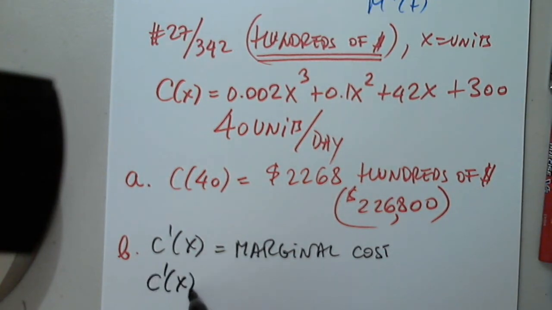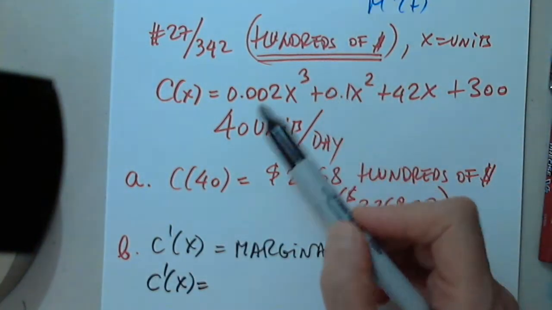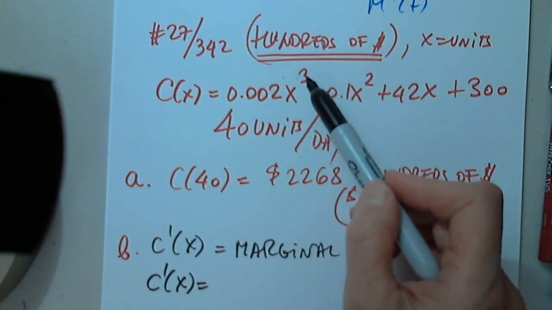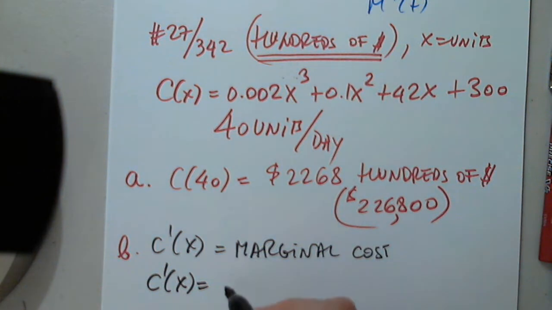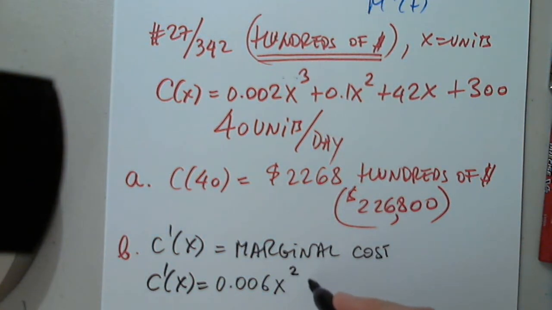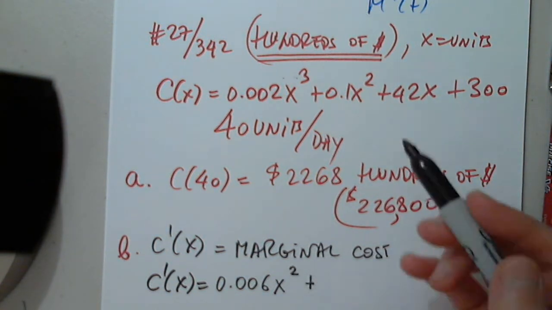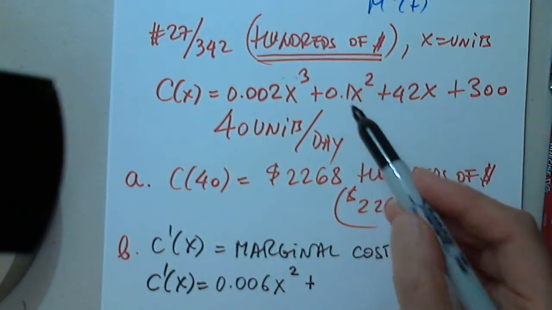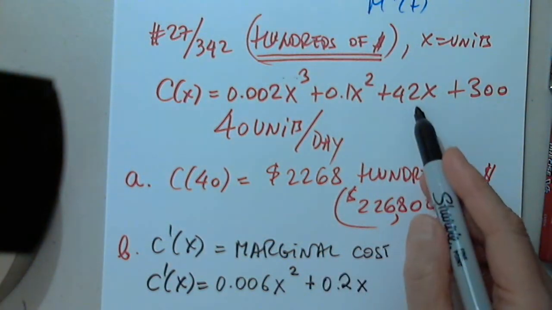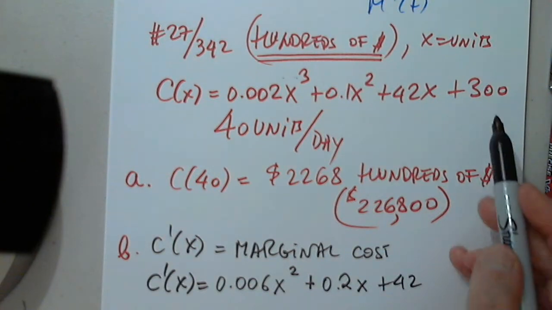Okay, so let's find C prime of x first. I bring 3 down and I multiply by this, 0.006x, subtract 1 from the power, plus I bring 2 down, multiply by 0.1x. And luckily, this is just 42, and this is gone.